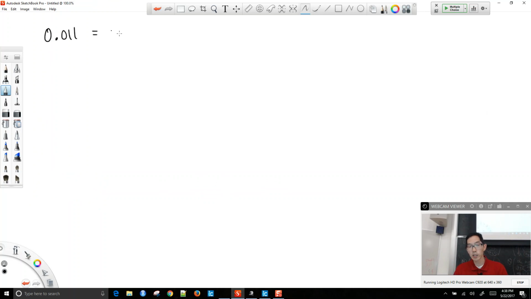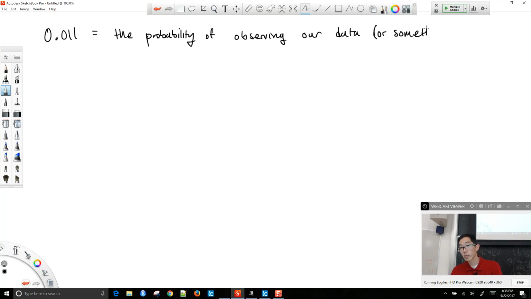This is the probability of observing our data, because that's what we observed, or something more unusual, if we assume that the null hypothesis is true.